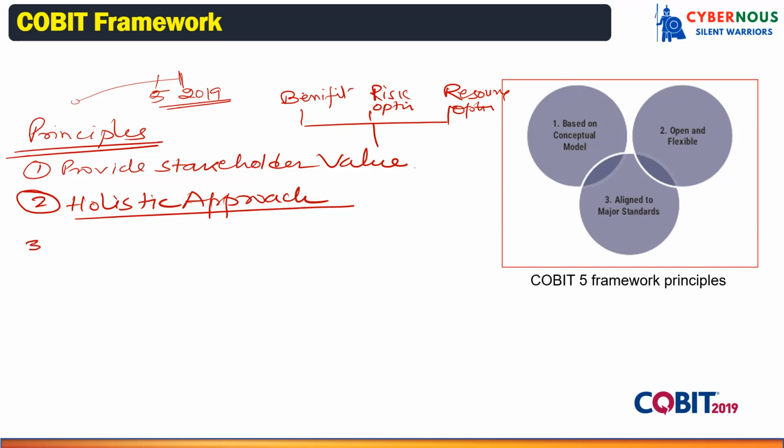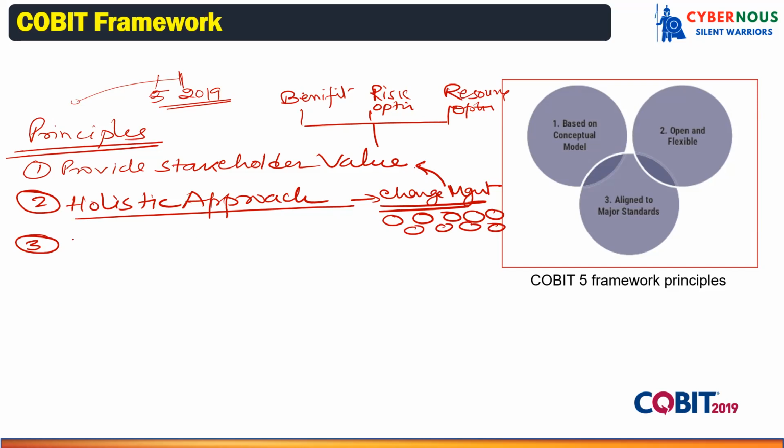Whenever you are implementing a control for IT, for example change management, how it ties up to meet your objectives matters. It should be uniformly implemented on different parts, wherever IT is there. So you need to make sure that a holistic approach is taken.